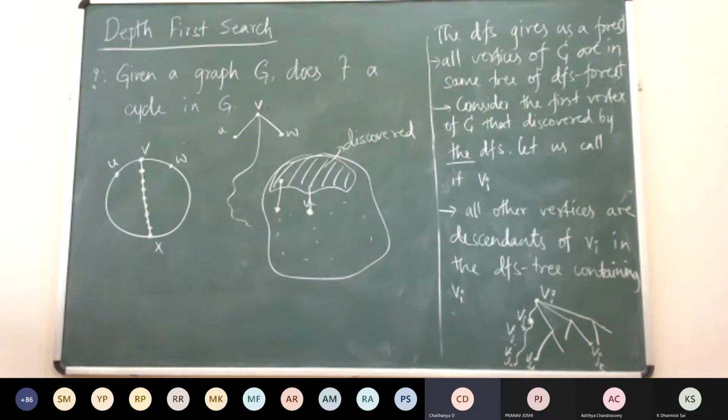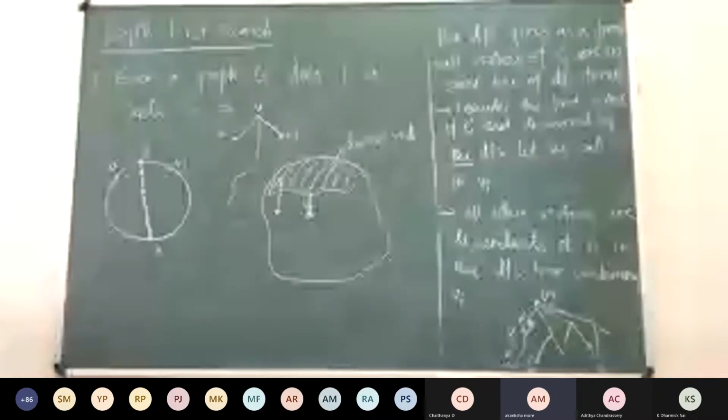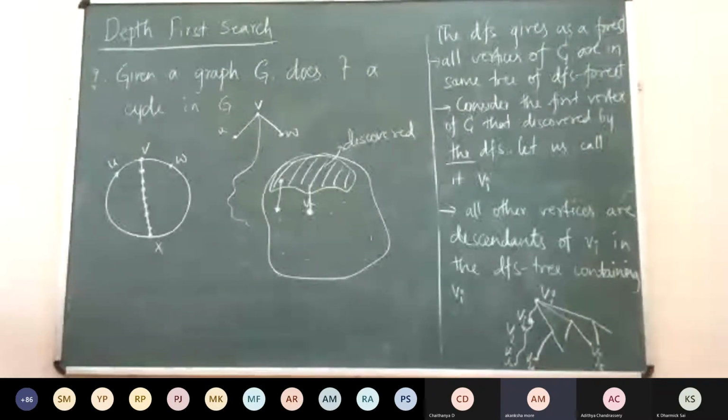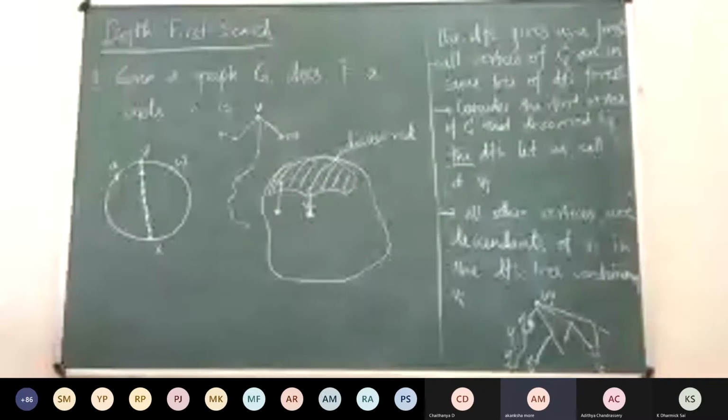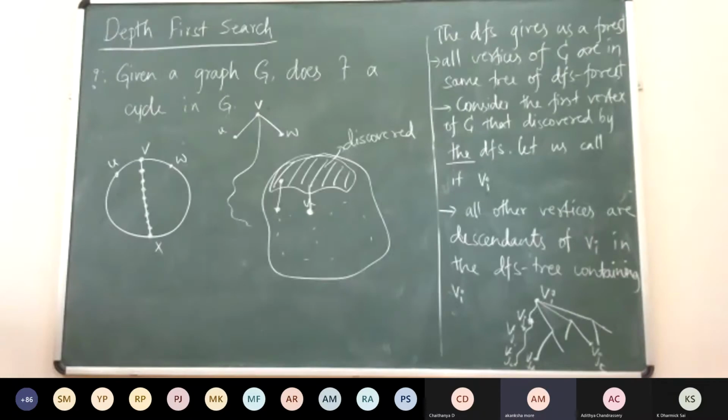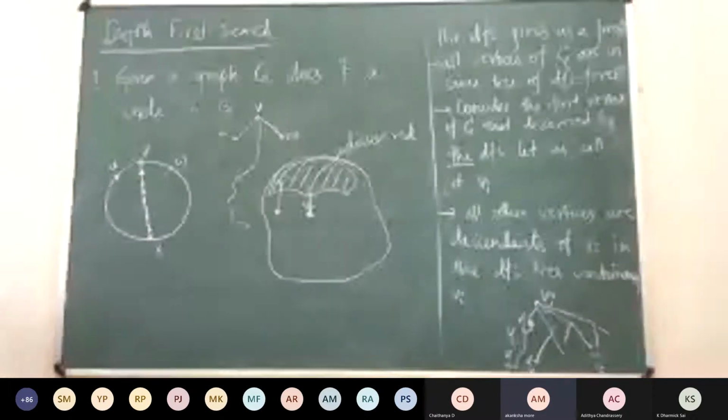Since if we consider the G minus V graph, since U and W belong to the same cycle, in the G minus V graph there is going to exist a path between U and W. It can be a disconnected graph too, so we'll get a DFS forest, and U and W will belong to the same DFS tree since there already existed a path.